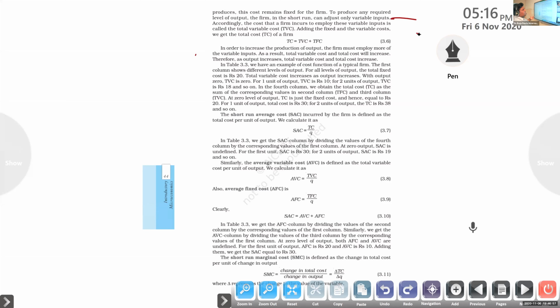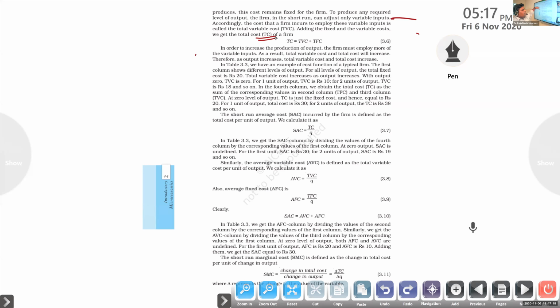TFC means total fixed cost, related with the fixed input. TVC means total variable cost, related with the variable inputs. So TC, the total cost of the firm, is equal to TVC plus TFC. Clear?